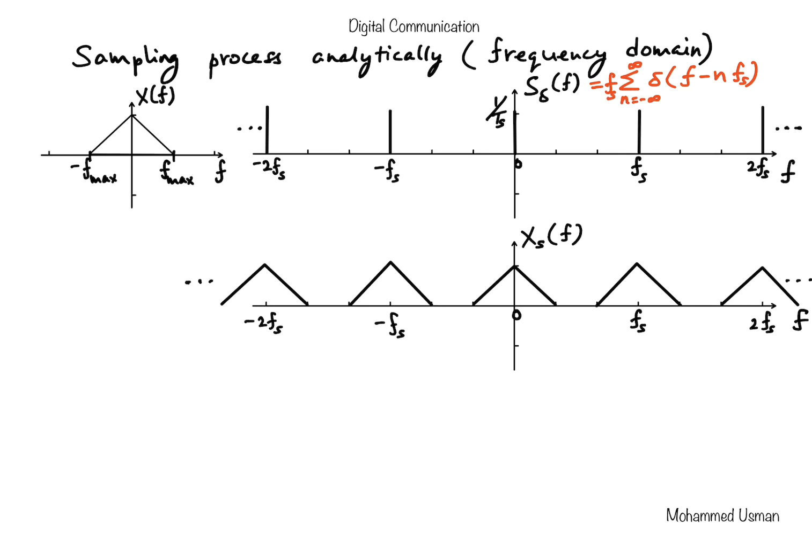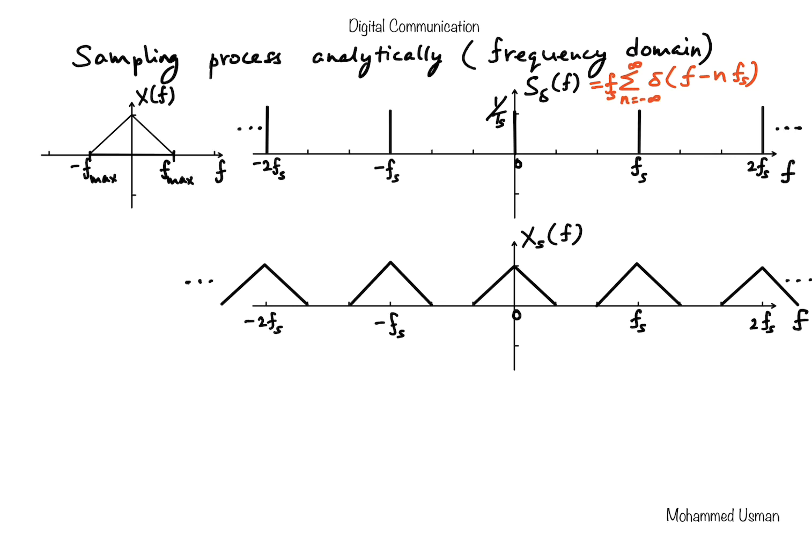So that's a scaling factor we get in the spectrum of the sampling function. So the amplitude of each of these pulses in the frequency domain that you see is fs equals 1 upon Ts. So that's the spectrum of the sampling function, S delta of f.